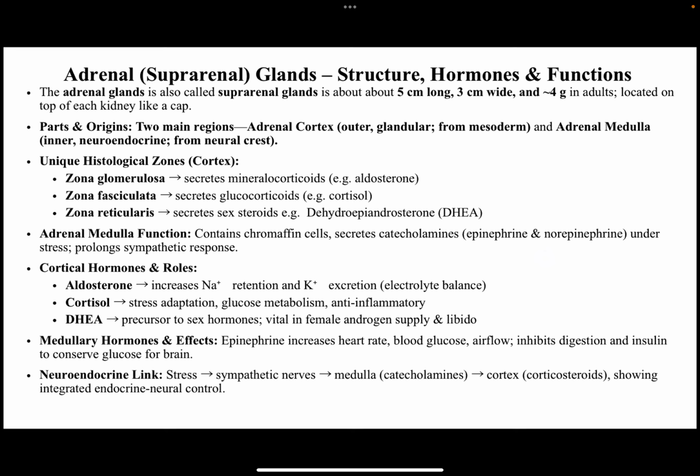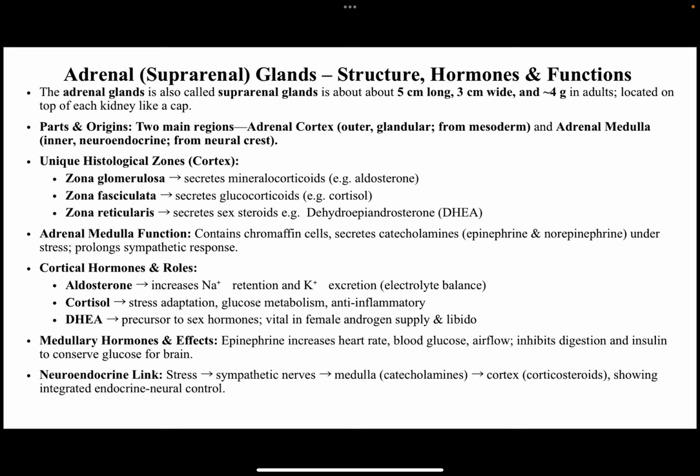The cortex produces the cortical hormones, which are three because of the three layers or zones it has. Each zone produces a specific cortical hormone. The zona glomerulosa produces the mineralocorticoids or aldosterone. The zona fasciculata secretes the glucocorticoids or cortisol. The zona reticularis secretes the sex steroids or dehydroepiandrosterone.